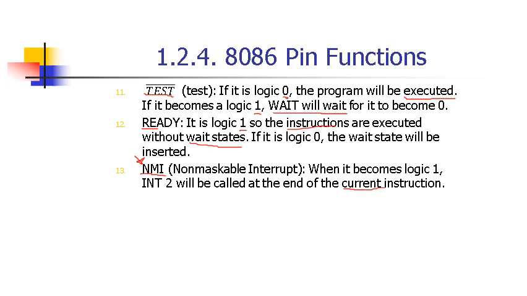Once you finish your current instruction, you have to go to interrupt number 2, which manages the non-maskable interrupt. So once this NMI pin goes high, this interrupt service routine will be immediately called after the current instruction is finished.